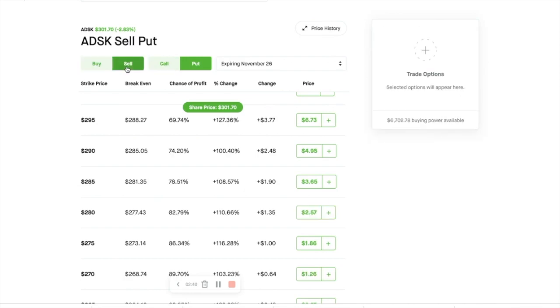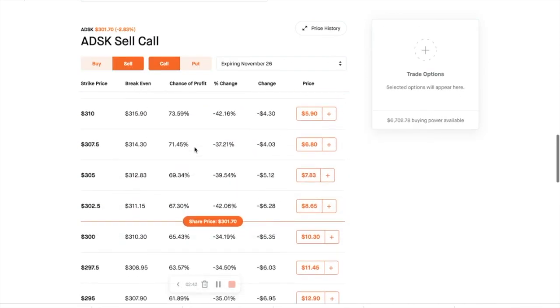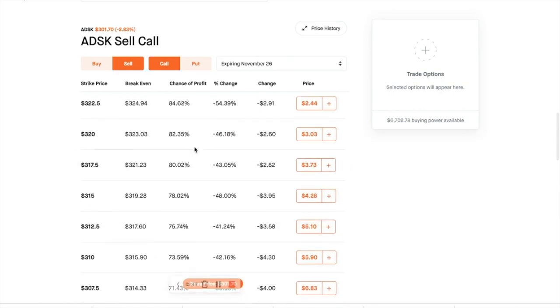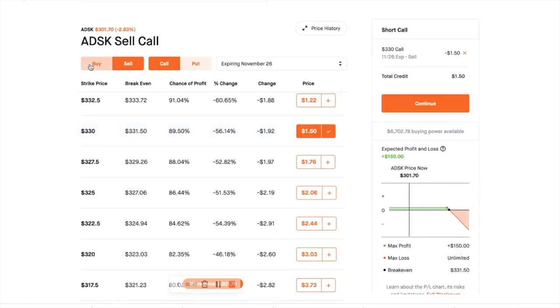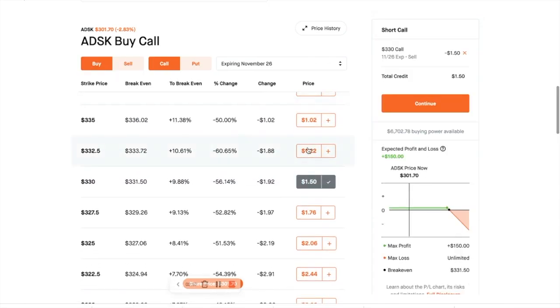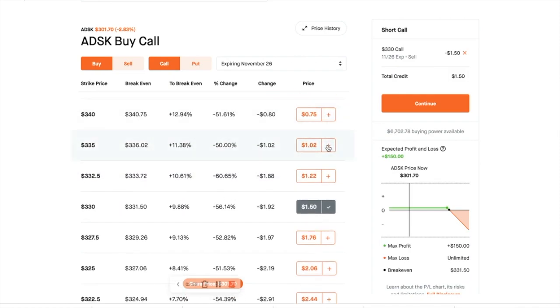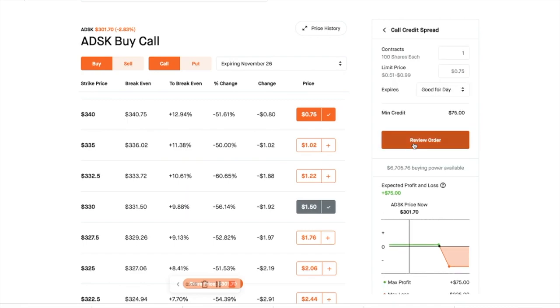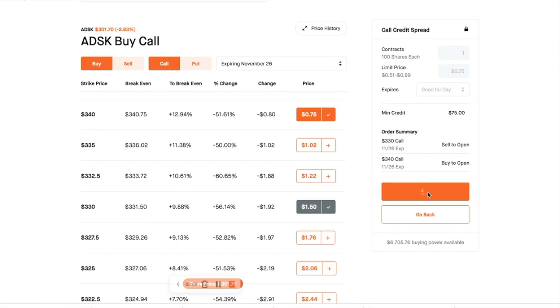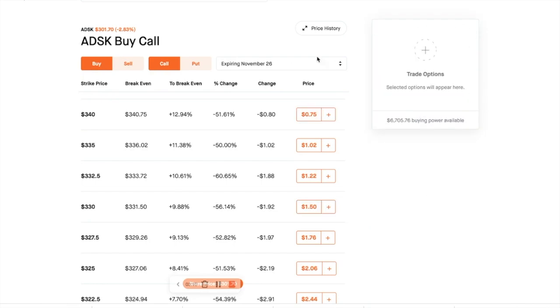Then we said 325 to the upside, so we're going to sell a call at 330, with a slight bullish emphasis, so it's only about that much. Let's do 1,000. So we've got a slight bullish emphasis on the call spread side as well. Sell that. Cool. Those aren't filled yet, but you get the idea.